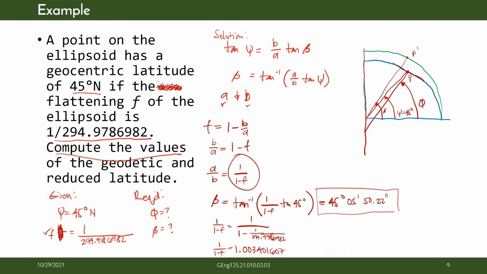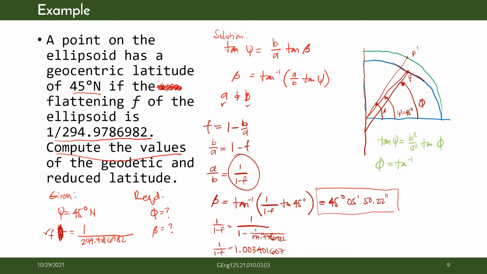Okay, so for the third one, we have this. For the third one, we use this equation again. So tangent psi is equal to b squared over a squared tangent of your geodetic latitude. So same principle or same method. So we directly have this equation, minus 1.